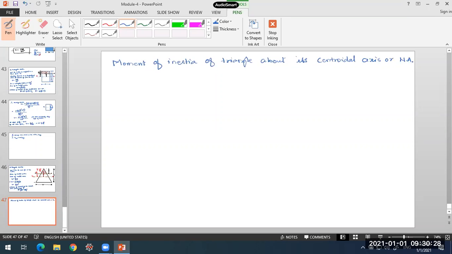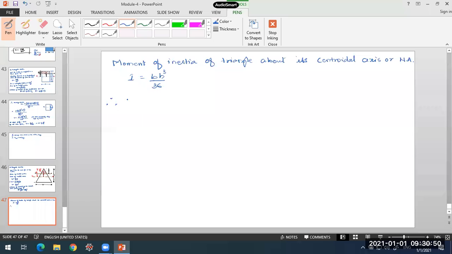Both are the same in our case. So it will be I equal to b h cubed upon 36 here. Now if I substitute all these, A, y bar and I, in the expression for shearing stress, I'll get to know what the shearing stress is over here.